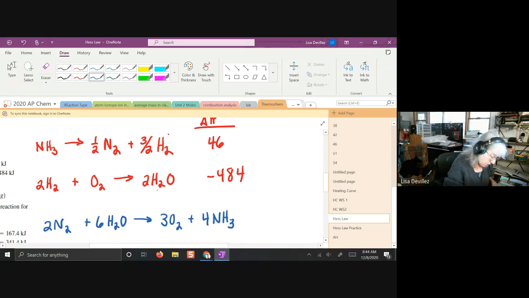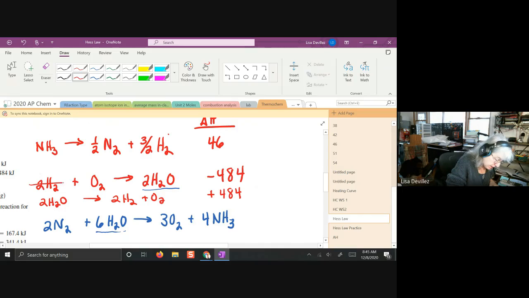Water is only in this equation, and I need it on the reactant side because it's on the product side here. So I'm going to flip this equation. So 2H2O is 2H2 plus O2, and when I do that, it changes the sign on my delta H.